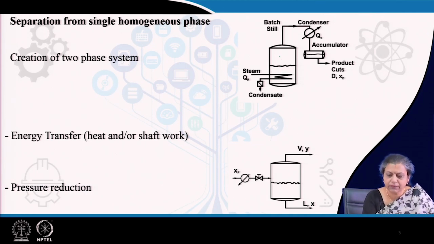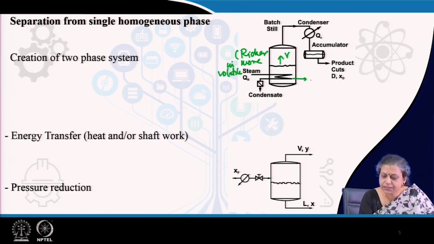When it partially vaporizes and the vapor is formed, quite naturally the vapor will be richer in the more volatile component. So, the vapor which is richer in the more volatile component rises up, leaving behind a liquid which is richer in the less volatile component.